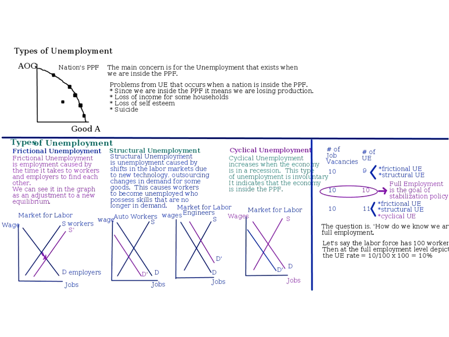Because the way we calculate the unemployment rate is we take the number unemployed, we divide it by the labor force, multiply it by 100, and that equals 10%.